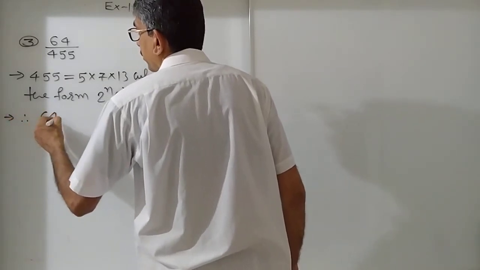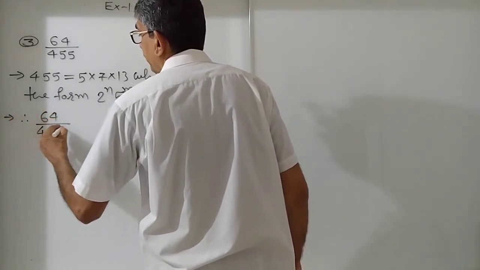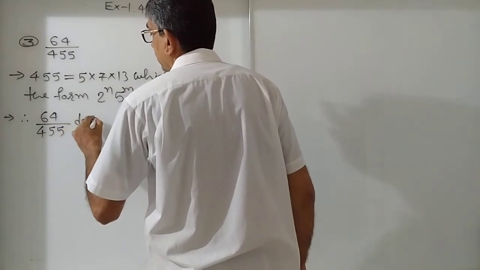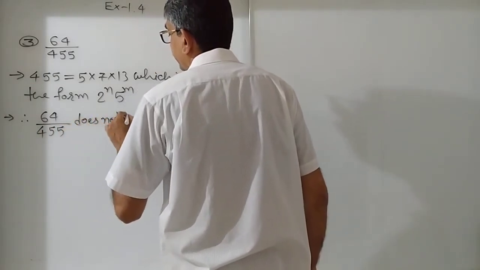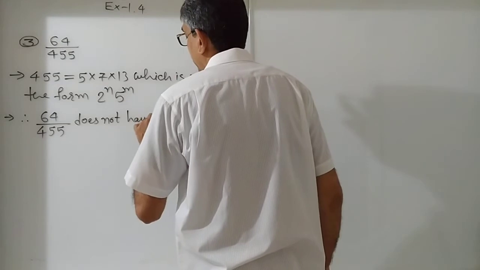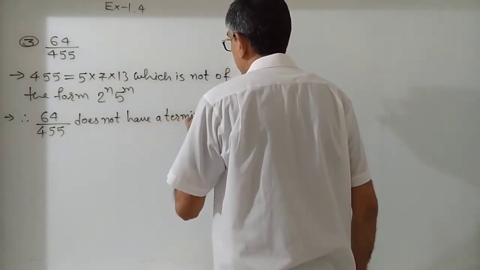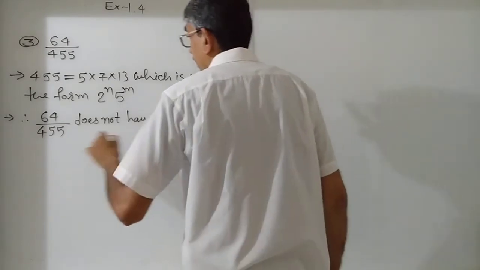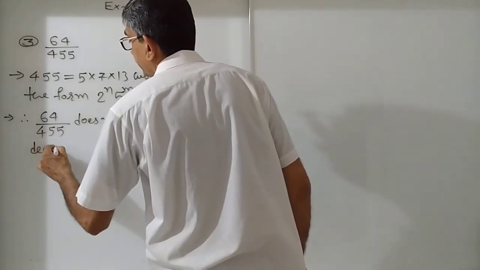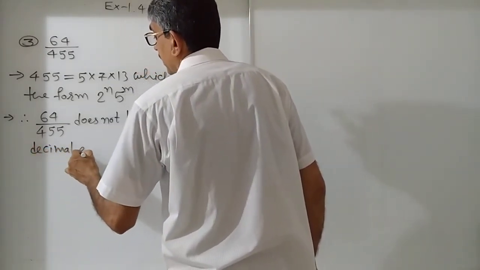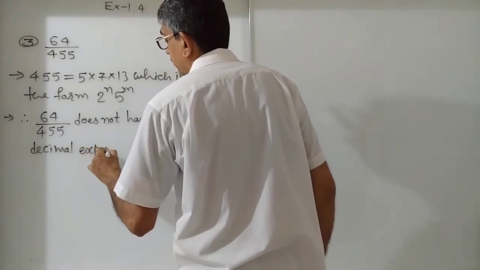Therefore, 64 upon 455 does not have a terminating decimal expansion.